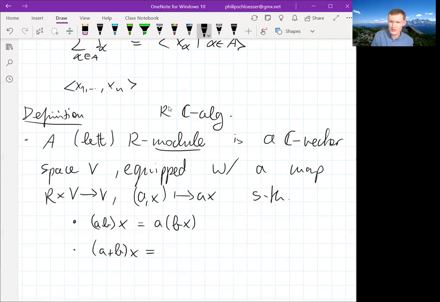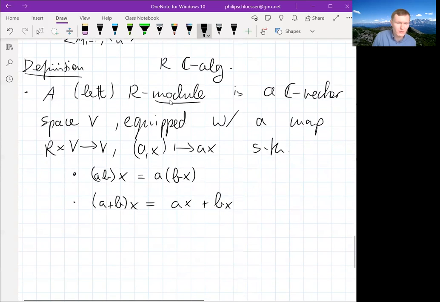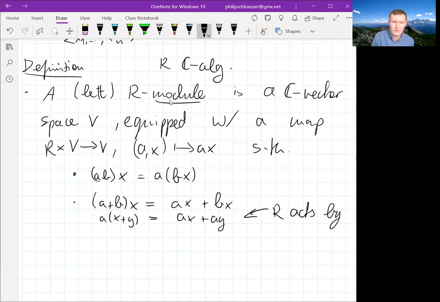Second axiom is we want this to be distributive, and I guess we also want it to be distributive in the second argument. So this means nothing but that this R acts by means of linear maps.